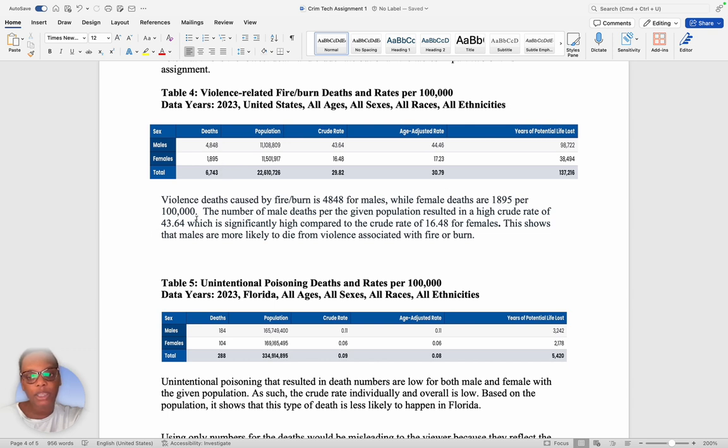The number of male deaths per the given population resulted in a high crude rate of 43.64, which is significantly high compared to the crude rate of 16.48 for females. This shows that males are more likely to die from violence associated with fire or burn.